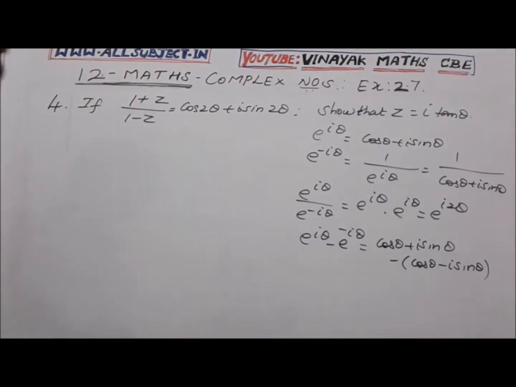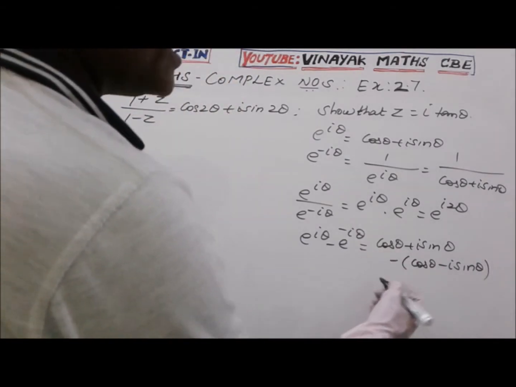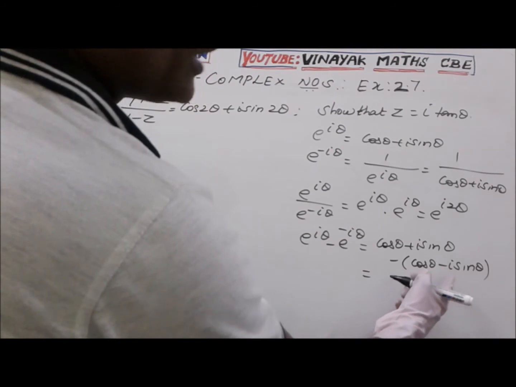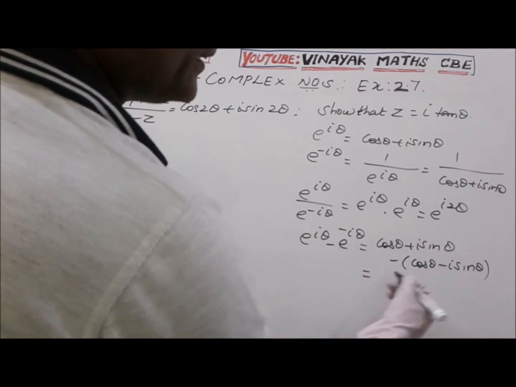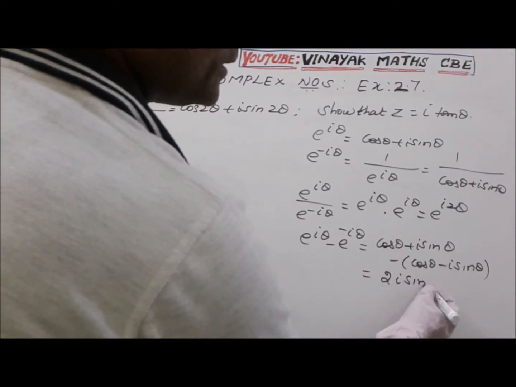When we multiply the minus inside, cos gets cancelled, this will become 2i sin theta. So i sin theta twice will give 2i sin theta.